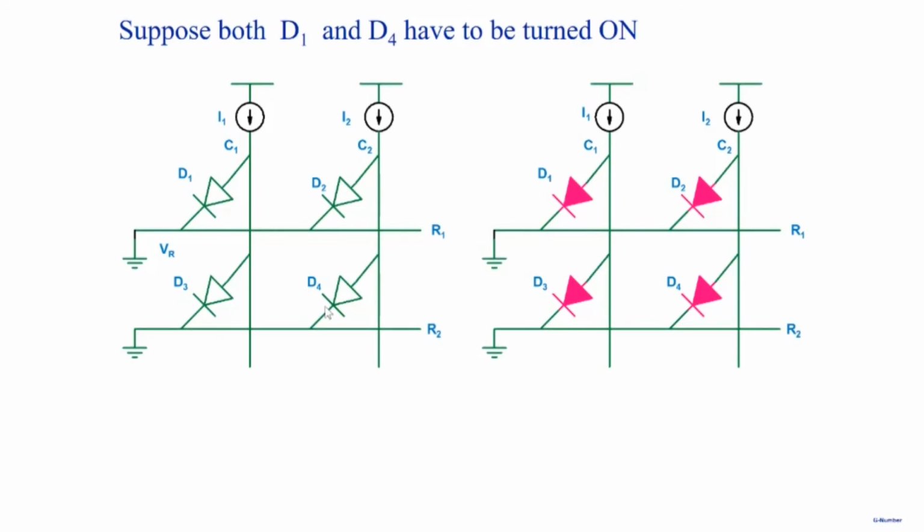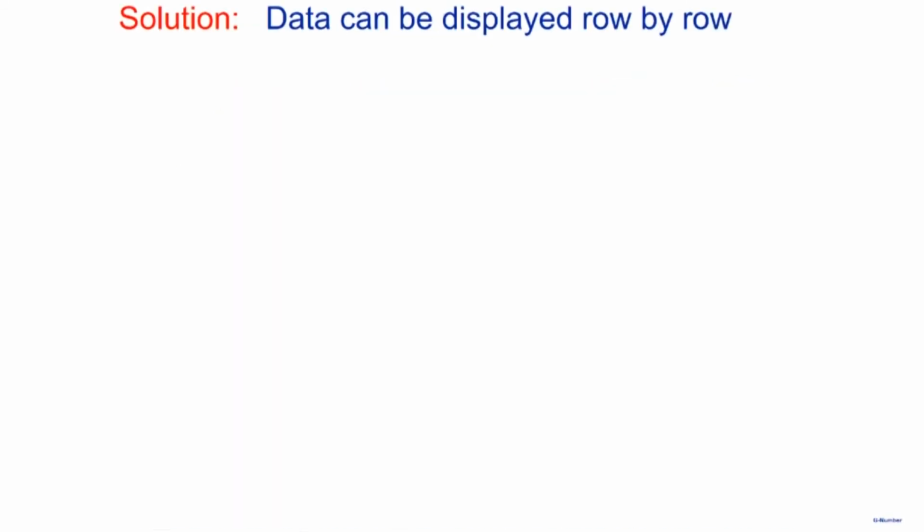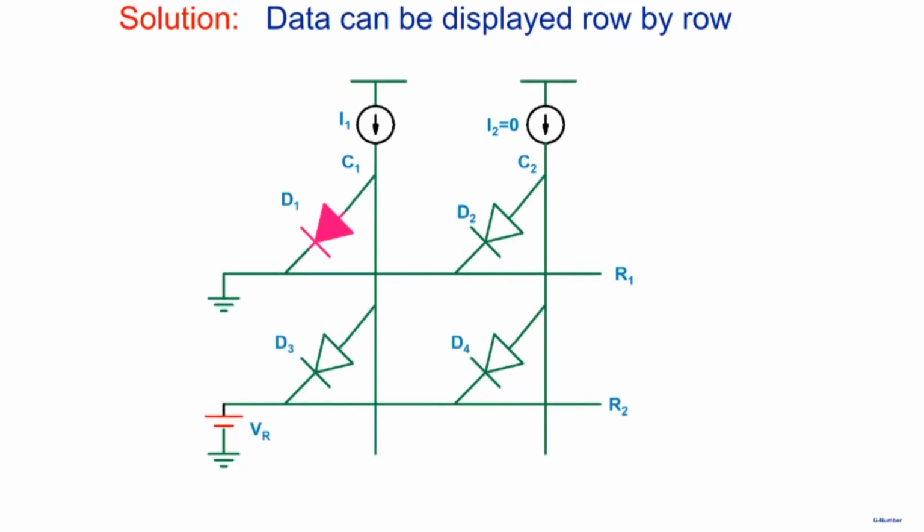So now we have a problem. How do we get D1 and D4 selectively to be on and D2 and D3 to be off? So the only way we can do that is, because whatever image you display is nothing but data, whatever data you want to be displayed, you do that row by row, right? So what we do is the following.